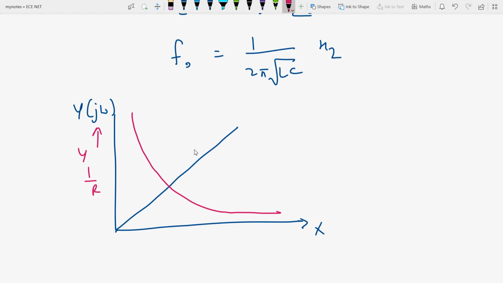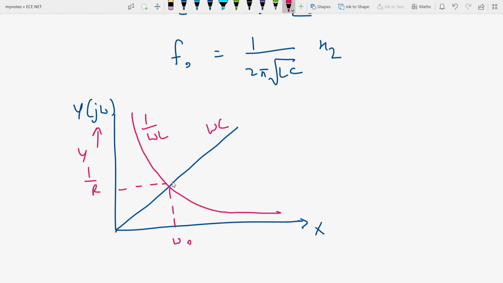The graph of XL is here, that means 1 upon omega. What happens? Current through inductor is always lagging and current through capacitor is always leading. In case of admittance, it is the reciprocal of impedance. So just this straight line from the origin will be equal to omega c, and this is the resonant frequency.